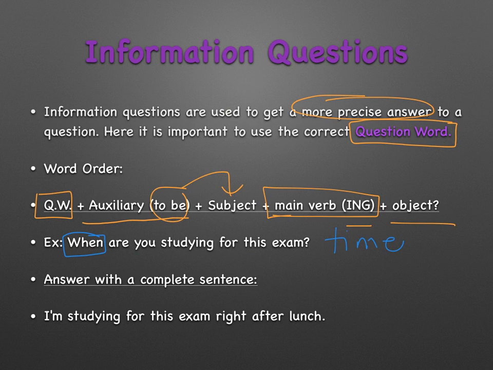So that's the answer I want to get. When are, auxiliary, you, subject, studying, action verb, for this exam, object, and then I will answer with a complete sentence, either affirmative or negative.